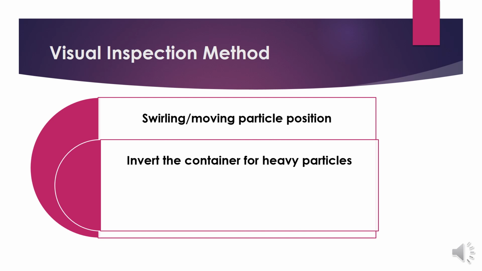If the particles are very heavy and are unable to be seen in simple swirling or moving, then you have to invert the container. It means you have to completely invert your container, so that the heavy particles will easily move down from the upside to the downside in the sample, and you will be able to observe them very clearly.